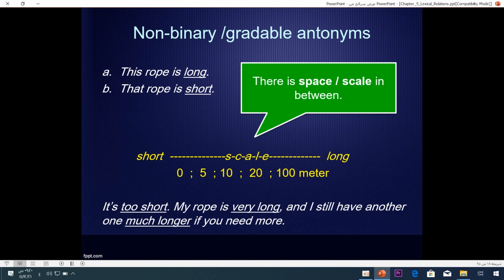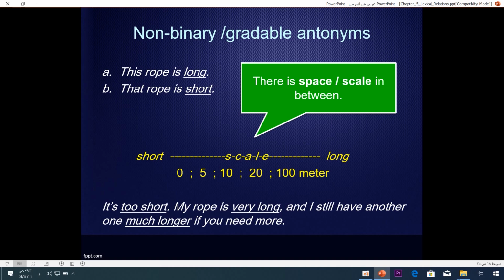If I say Sarah is not short, it doesn't necessarily indicate that she is tall. If I say my neighbor Ahmed is not rich, that doesn't indicate that he is poor and he doesn't need charity or any financial help.